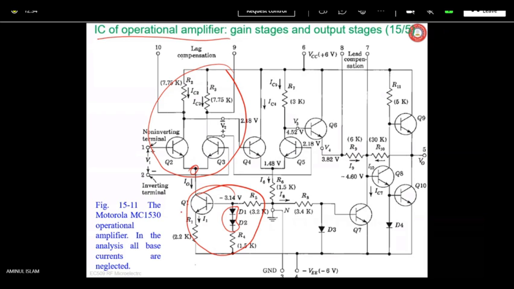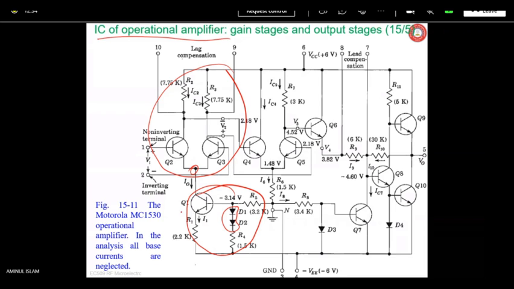So based on this equation, the differential gain AD is given by this equation multiplied by 2. Okay, if you multiply it by 2, then basically we'll get this. Because the collector to collector output is twice the collector to ground output. Since RS equals to 0, HFE equals to 100, so HI equals to this. This we have already seen, 5.2 kilo ohm.